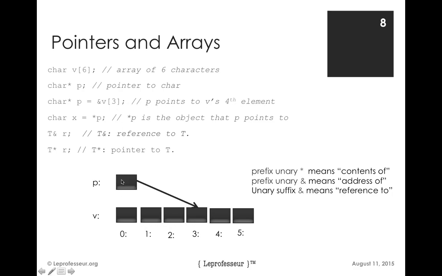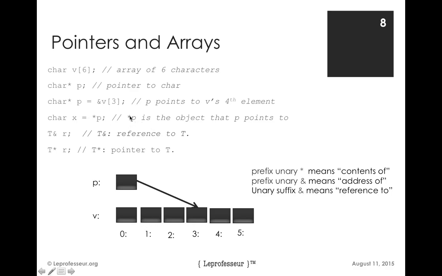P points to the fourth element, that is v3. Its address is stored in p. Now char x equals asterisk p. When you prefix the variable with the asterisk, it means it's going to get the value which is stored at the p address and put it into variable x.